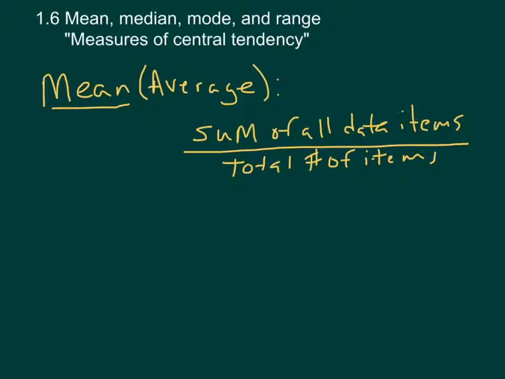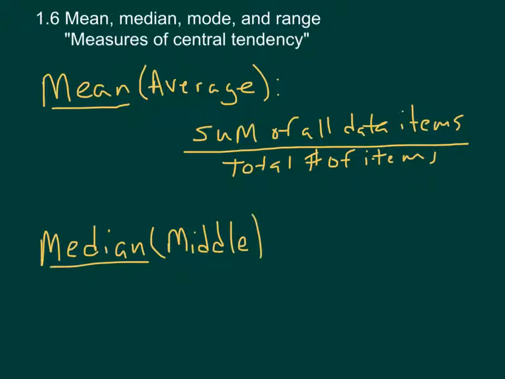Our next term is going to be the median. And the word that helps me associate what the median is is middle. Median, middle. In a particular set of numbers or data items, when I put those numbers in order from least to greatest, this is the middle value.